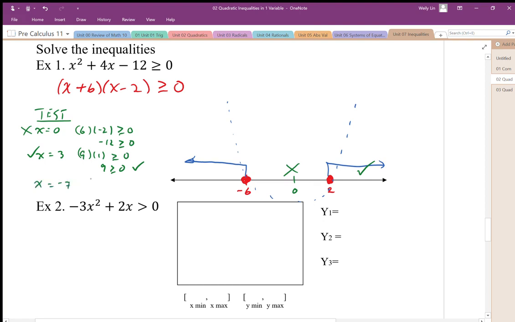Negative 7, so I end up with negative 1 times negative 9 is greater than or equal to 0. 9 is greater than or equal to 0. Yep, that is the solution portion. So by testing the boundary regions, I can also establish the solution to this inequality. Again, if you can visually understand this through above and below the x-axis, that is a good way to determine the areas of the number line which represent the solution areas.